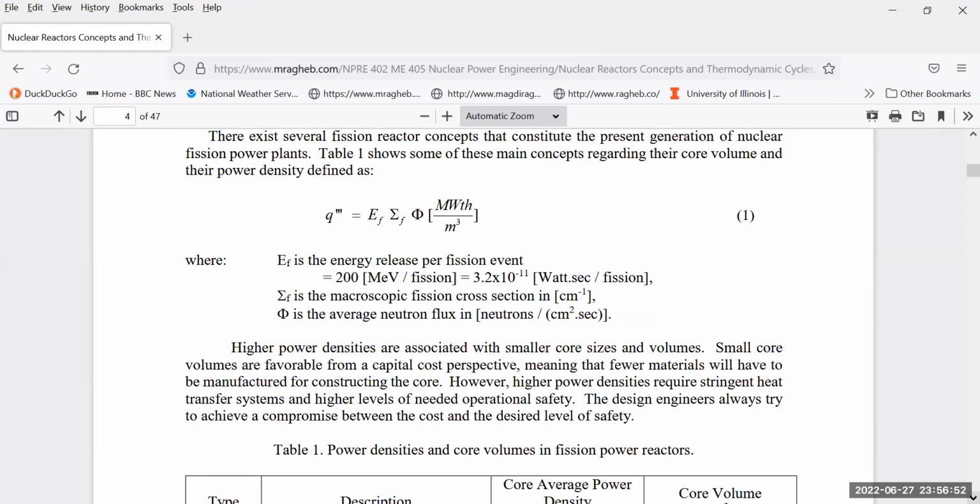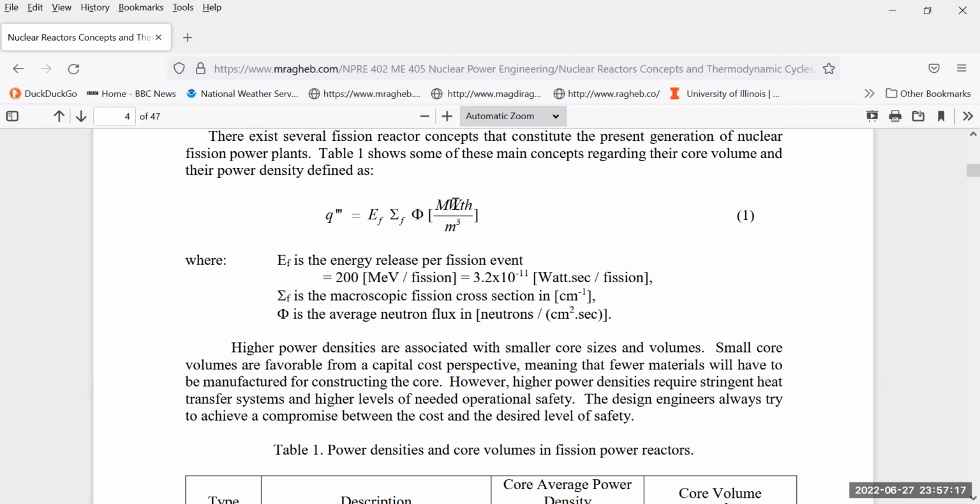But going back to nuclear power plants, the fission systems, or fusion in fact, that would also apply, we try to define differences between different systems according to their power density. Power density in that case is defined as the energy produced in a unit volume of the material.